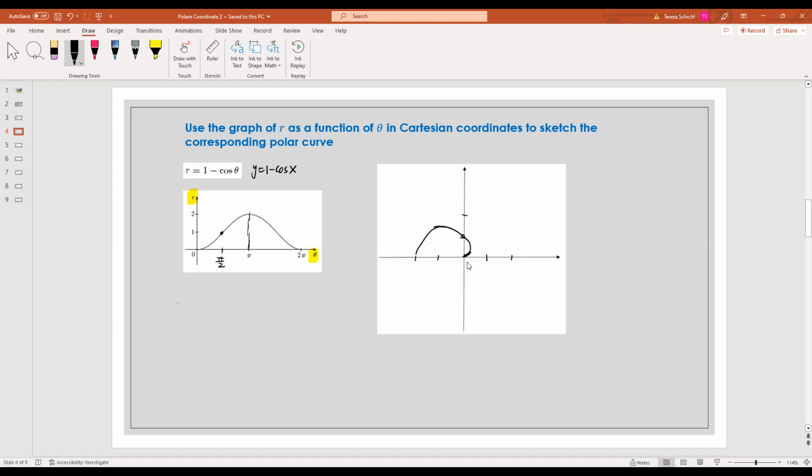When the theta is equal to pi, you already swung the whole pi, so it will reach 2 here. So this is 2 here. So basically this curve corresponds to this curve.